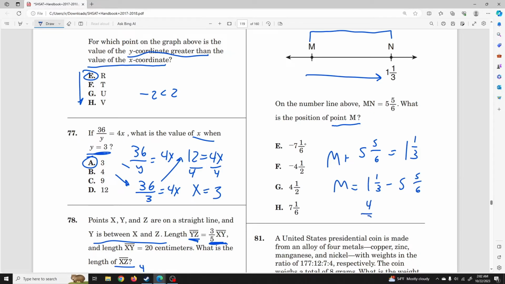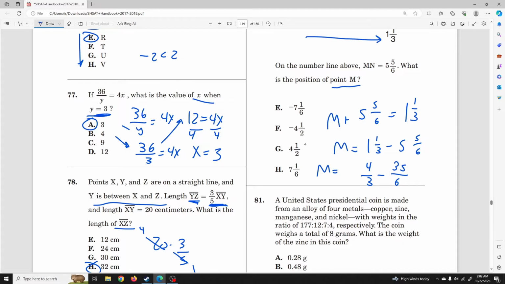So 4 over 3 minus 35 over 6 is equal to M, right? So let's find the lowest common denominator, which is 6, so multiply this by 2 over 2. And here we're left with 6. We're working up there, so 2 times 4 is 8. 2 times 3 is 6, so 8 over 6 minus 35 over 6.